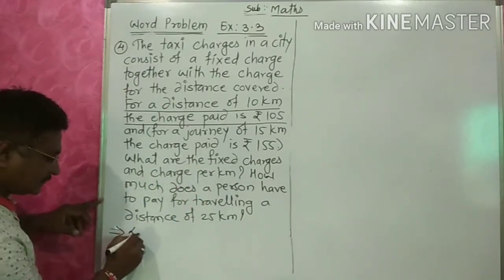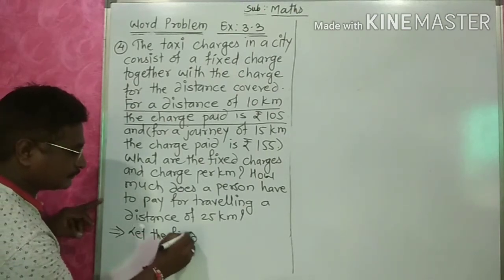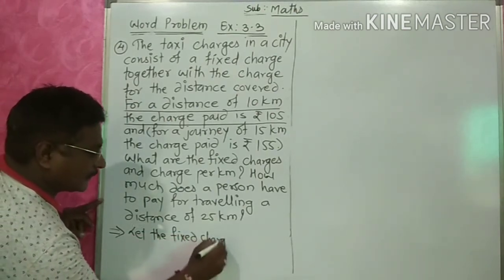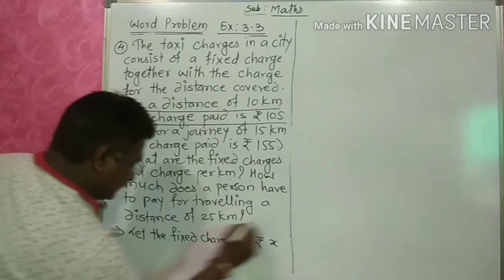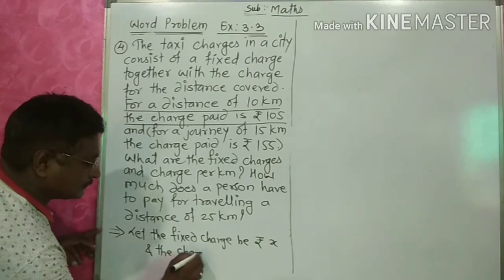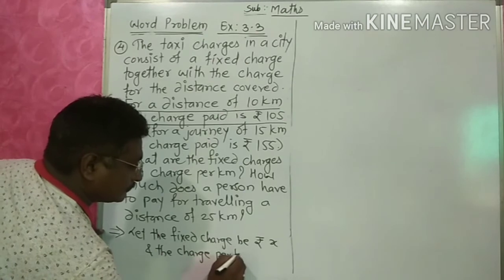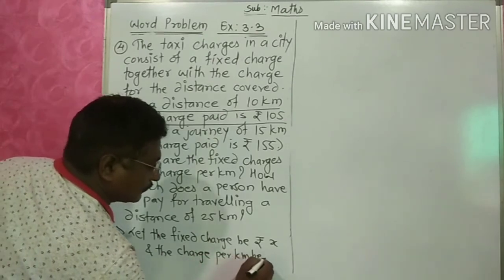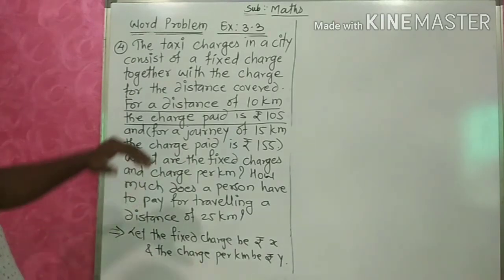So let the fixed charge be rupees x and the charge per kilometer be rupees y. You know how we pay the taxi fare.